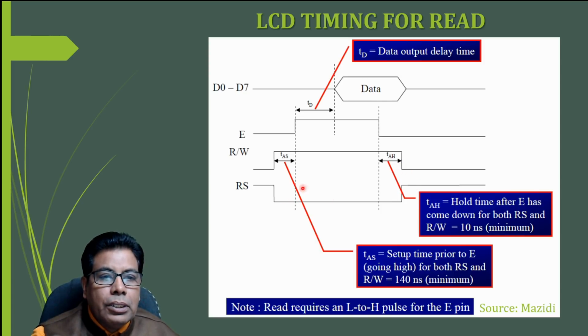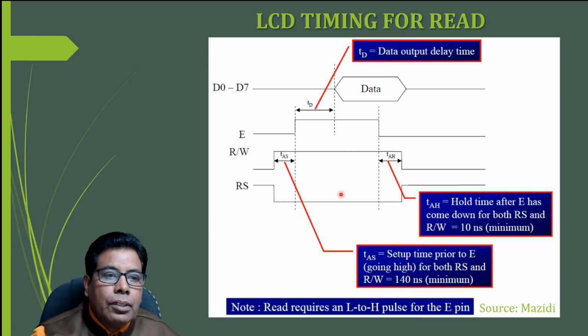So for both of these the same time is there, so the read operation has to be carried out during this period when E is high and the data is available on the data bus D0 to D7, and for the read operation this RW signal has to be high.